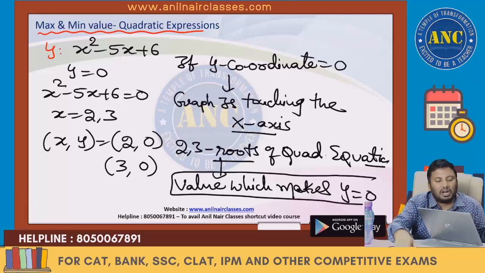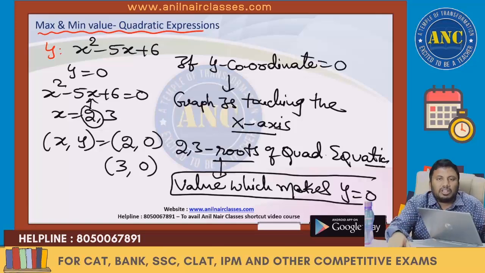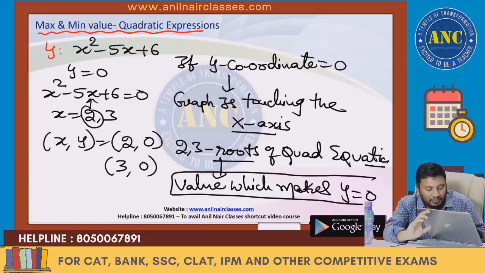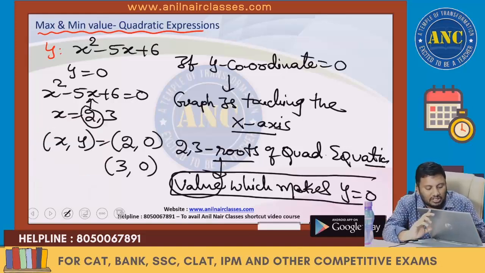If x equals 2, substituting in this equation, 2 square minus 5 into 2 plus 6, 10 minus 10, it is 0. 3 square minus 5 into 3 plus 6, 15 minus 15, 0. If any value which I substitute in the equation makes it 0, then that is called the root.